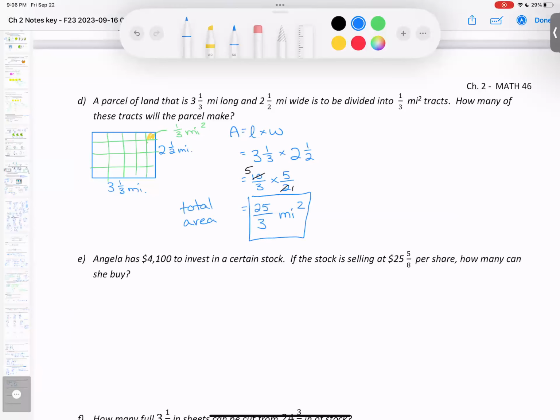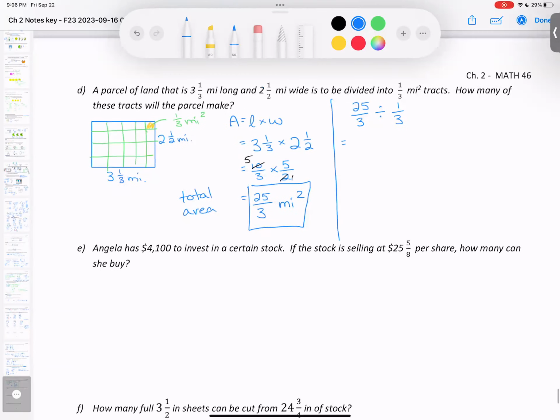a square mile. So now with that area, we want to know how many pieces we can get if we divide that into pieces that are 1/3 square mile each. So we're taking our total 25/3 and we're going to divide it by our piece size, which is 1/3.